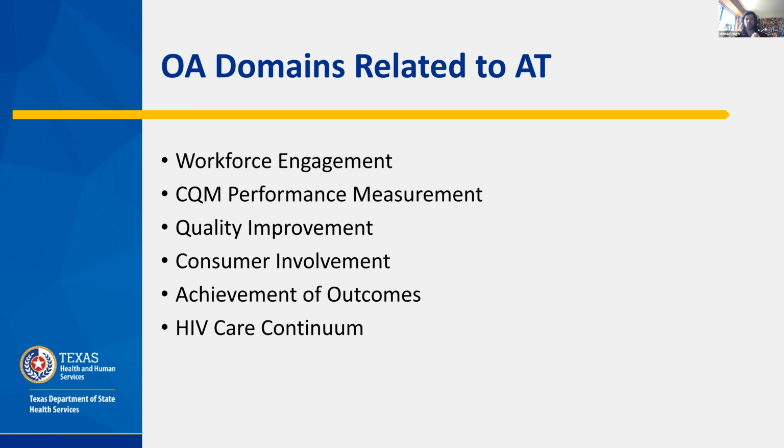So it makes sense. The workforce engagement piece, the CQM performance measurement piece, the quality improvement piece, the consumer involvement piece, how we achieve outcomes, and the HIV care continuum are all highly aligned with what we have within Achieving Together.